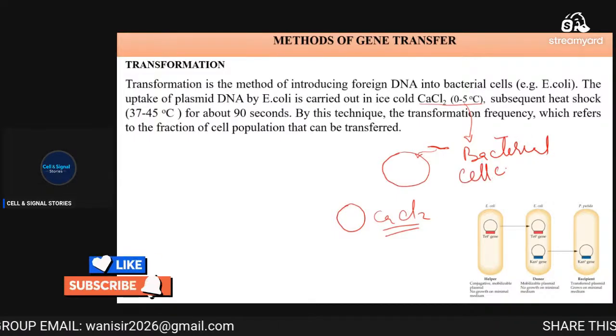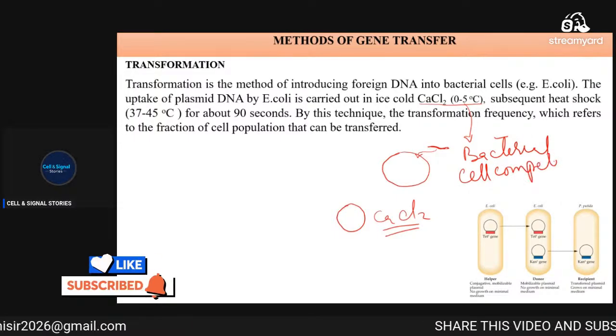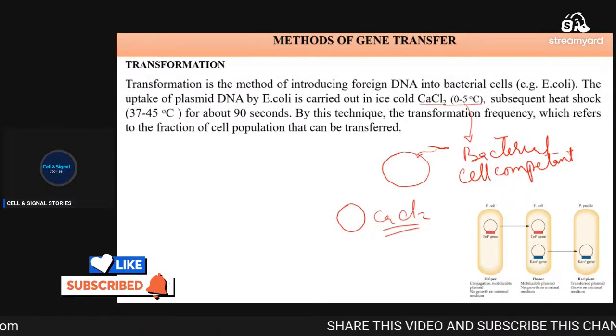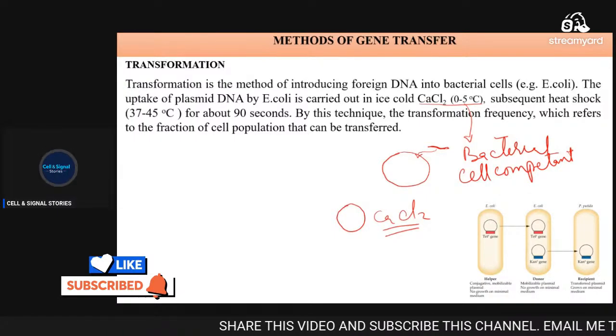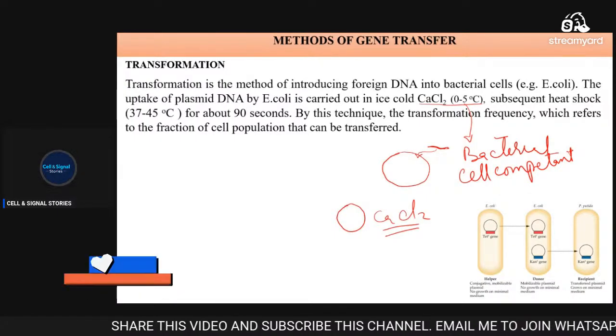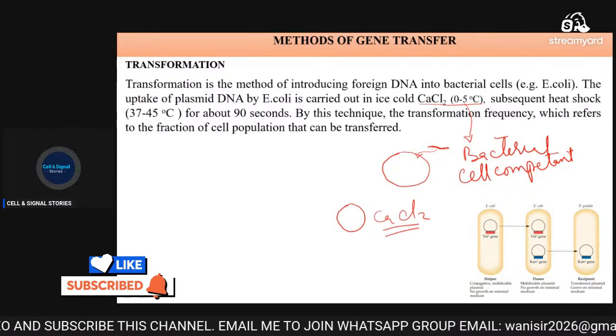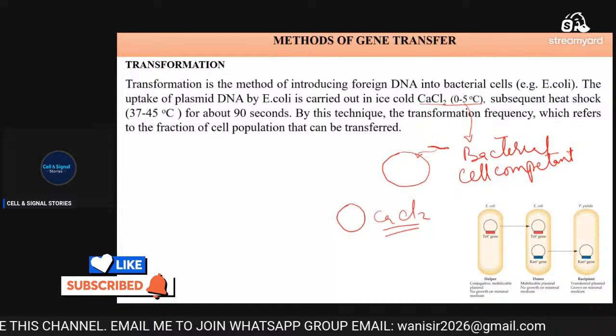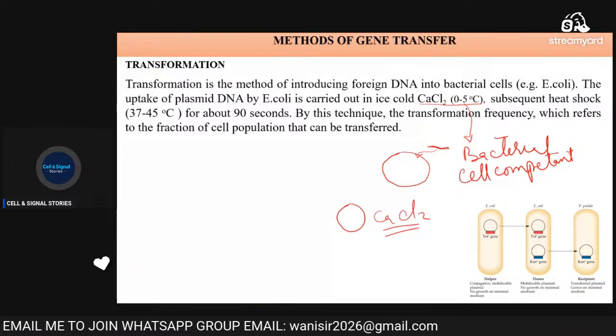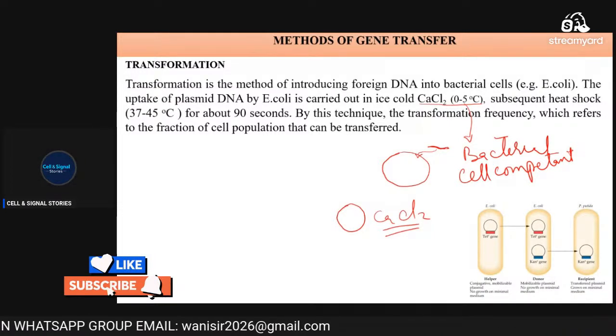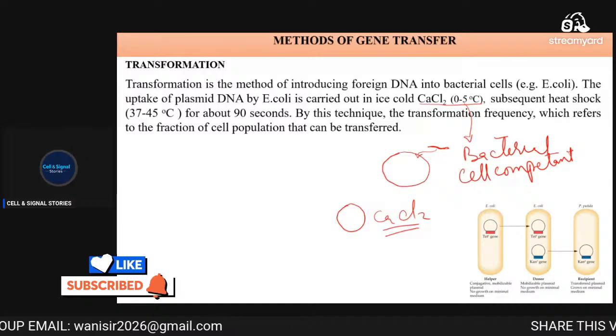So the purpose of this is to make the bacterial cell competent. This is the first step, that we use a lower temperature and make the bacterial cell competent. And the calcium ions neutralize the negative charge on both the DNA backbone and the lipopolysaccharide of the cell membrane. So what is the purpose of these calcium ions?